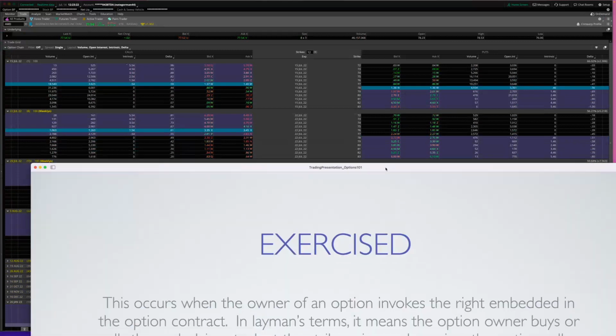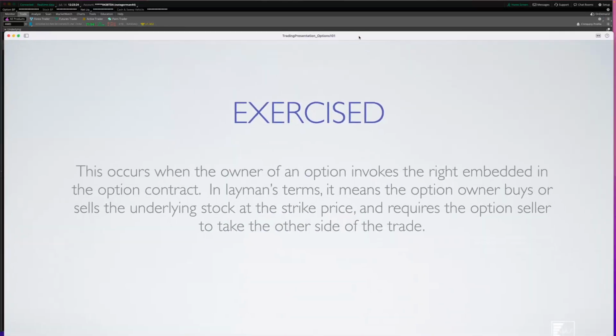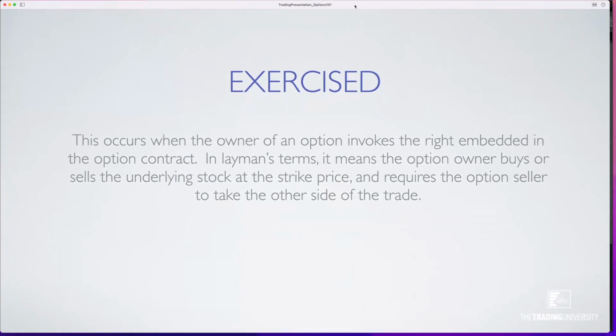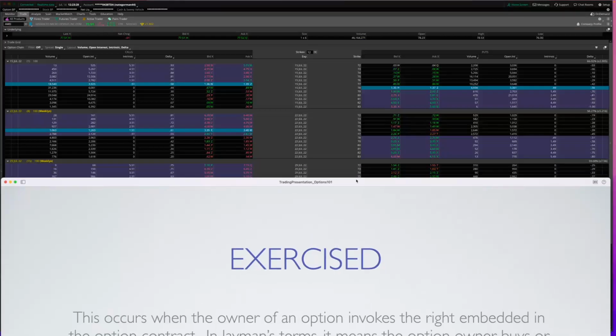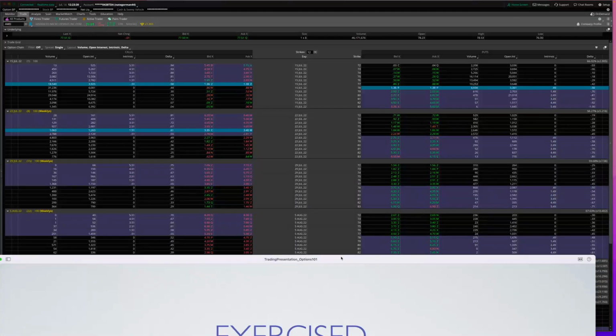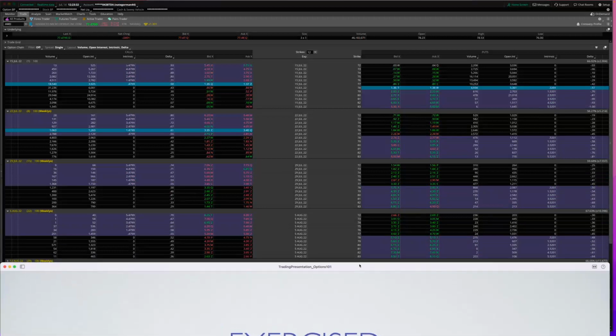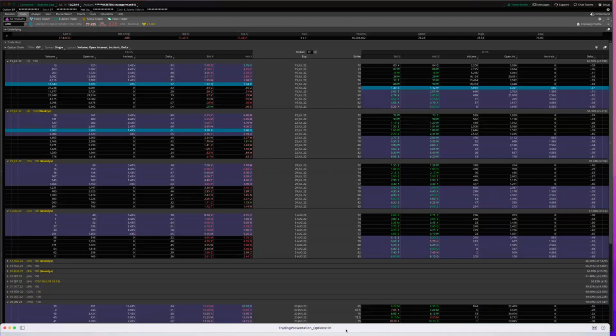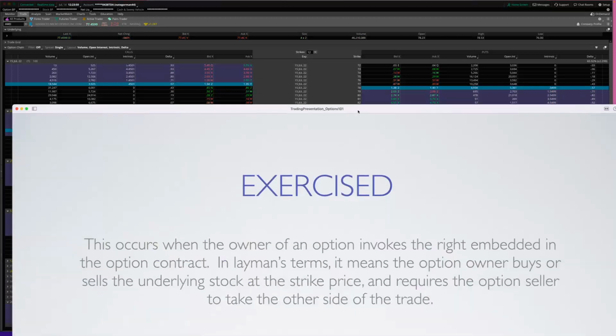So let's say you have a put, you've bought a put, and the option is out of the money. You are going to risk being put those shares if you own that stock, meaning you'll get put 100 shares per contract that you still own past expiration.